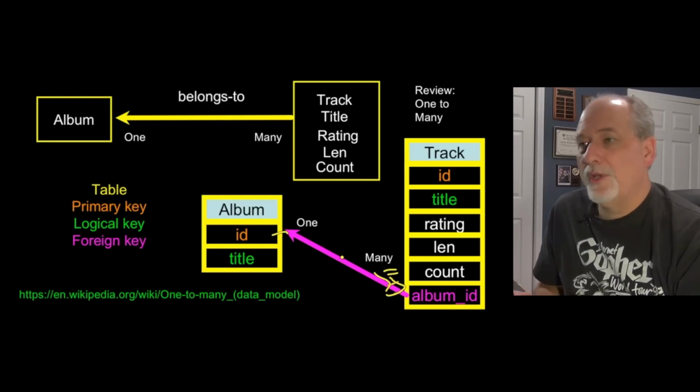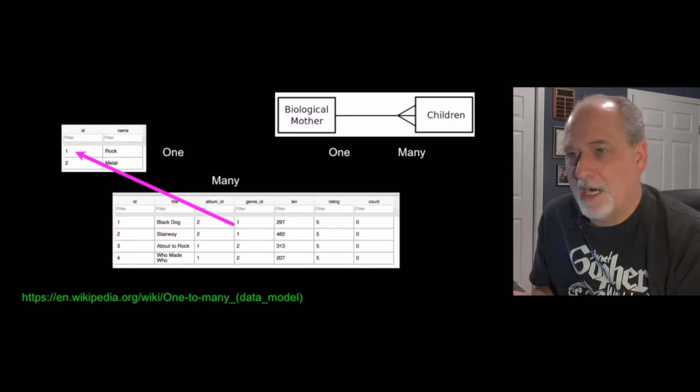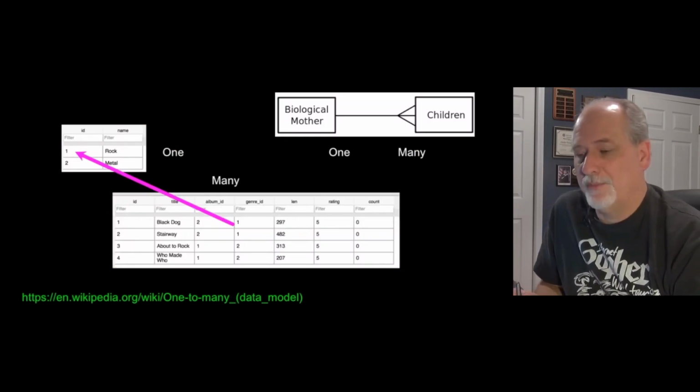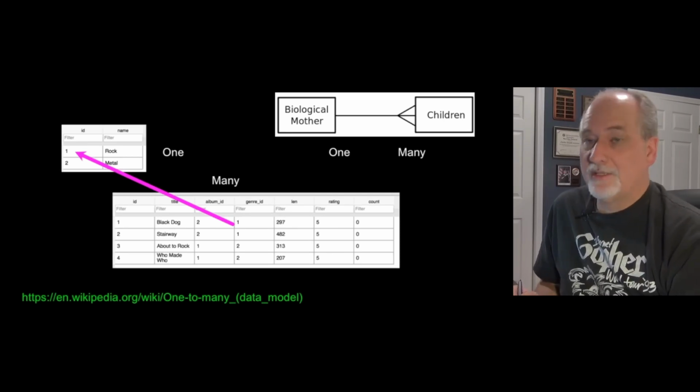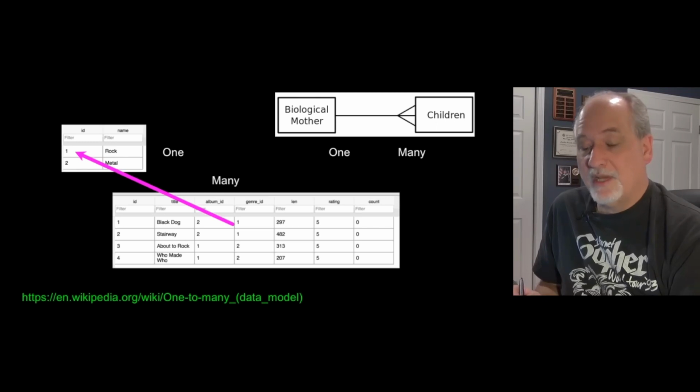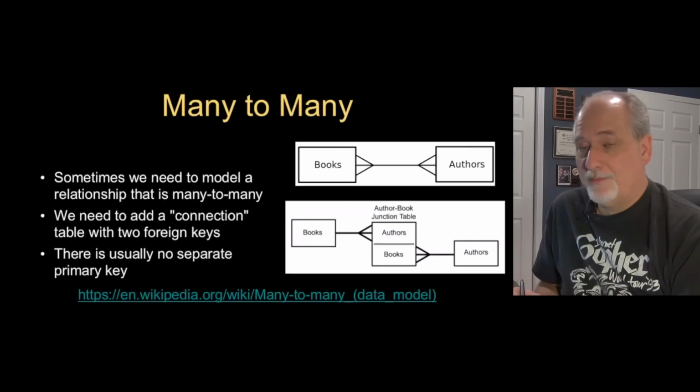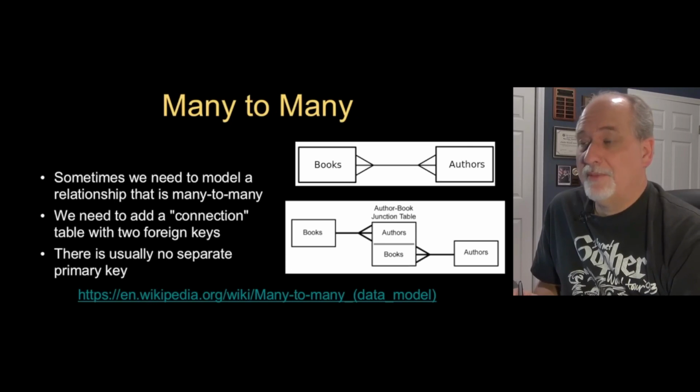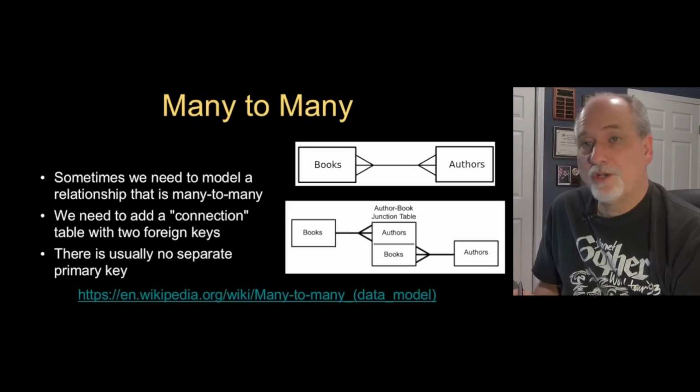But there are times when you just can't model things with a one-to-many relationship. Like if you have a mother and children, that's a many-to-one relationship, and that works fine. But sometimes you have a many-to-many relationship, in that there might be many books. One book has many authors, and each author has many books.